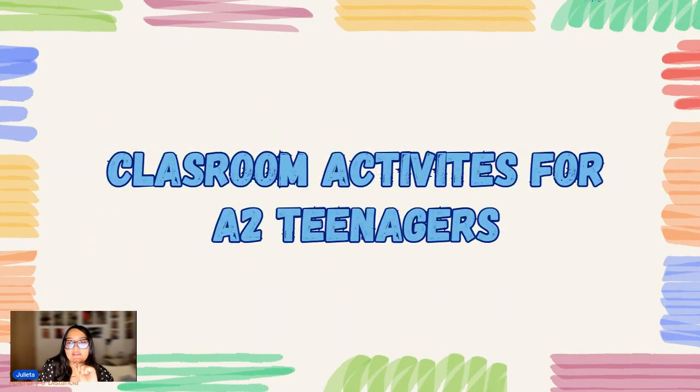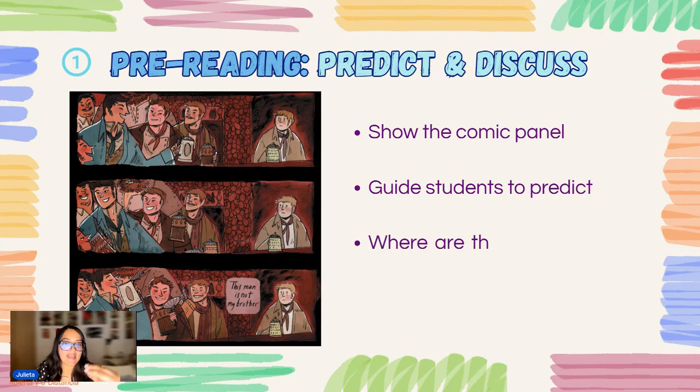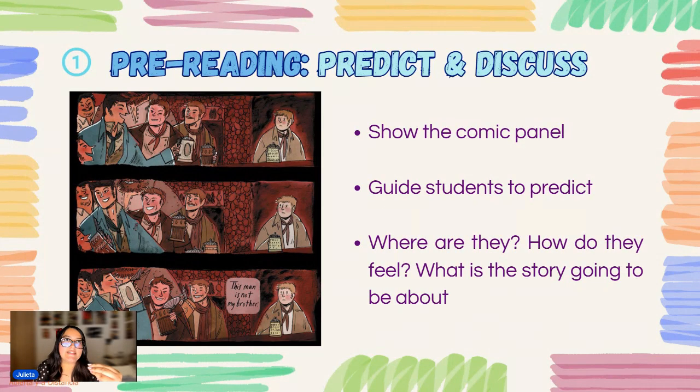And then I'm going to show you the classroom activities that I've planned for this specific case I was given: level A2 of teenagers that are English learners. I based this activity, let's say, they're not three separate activities, but one activity in three moments. And I got inspired by a book club that I used to run and really enjoyed.